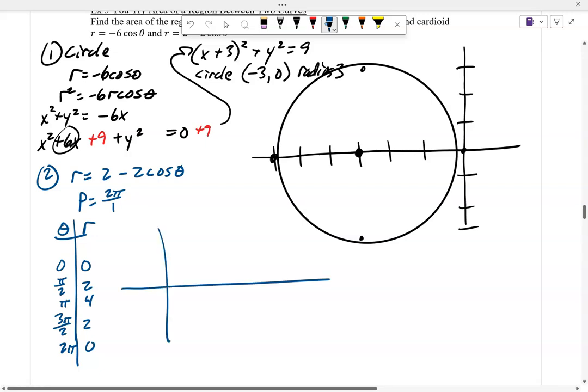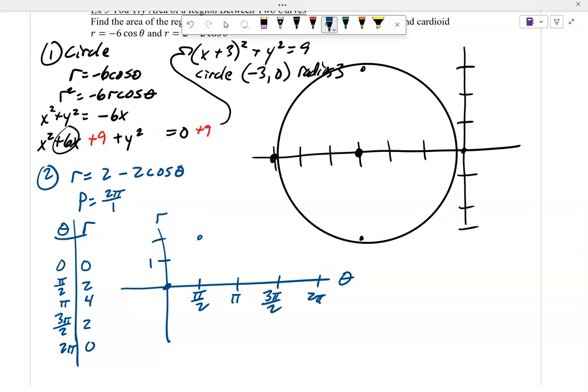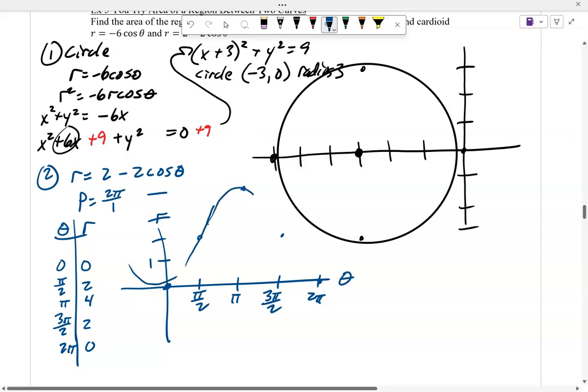If I was graphing that, I'd have pi halves, 2; pi, 4; 3 pi halves, 2; and 2 pi, 0. Kind of coming like this here. All right, our midline's right there.